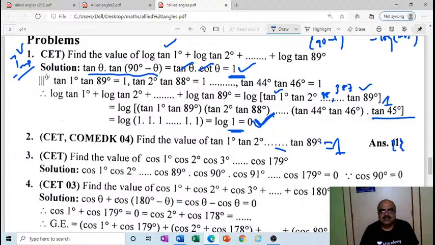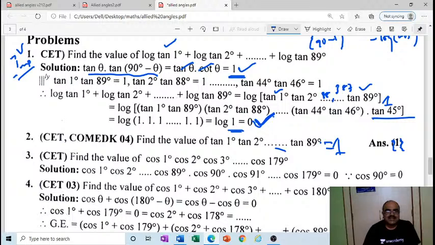Next, cos 1, cos 2, cos 3 up to cos 179. Same logic applies. Cos theta, cos of 90 minus theta, that will be sin theta. Cos 1 and cos 179, 180 minus 1, cos 2 into 180 minus 2, cos 3 into 180 minus 3, like that.